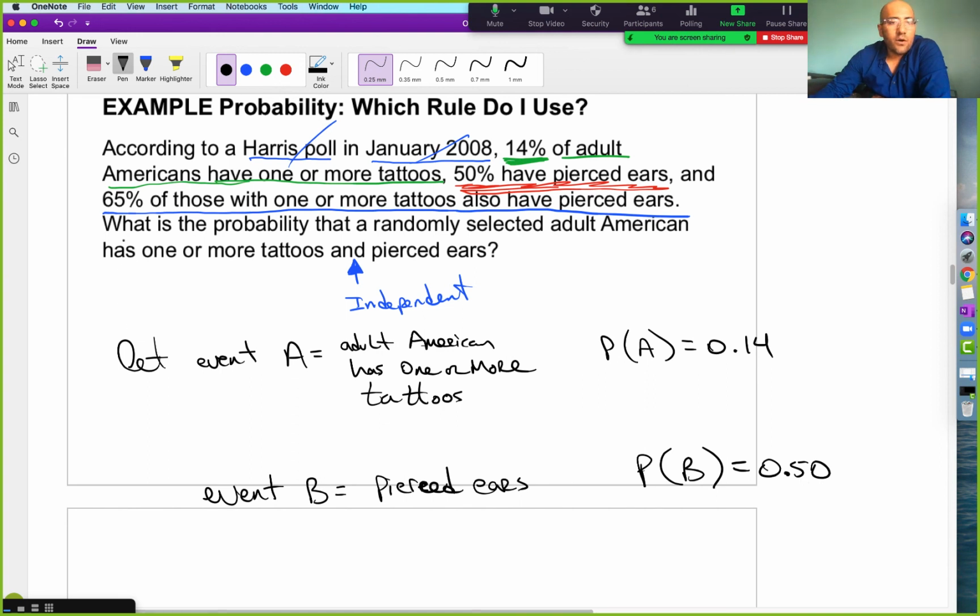Okay, so of those that have one or more tattoos, they also have pierced ears. So if we're just focusing on people that have tattoos, then we're looking at the probability that they have pierced ears, given that they're of those people that happen to have one or more tattoos.